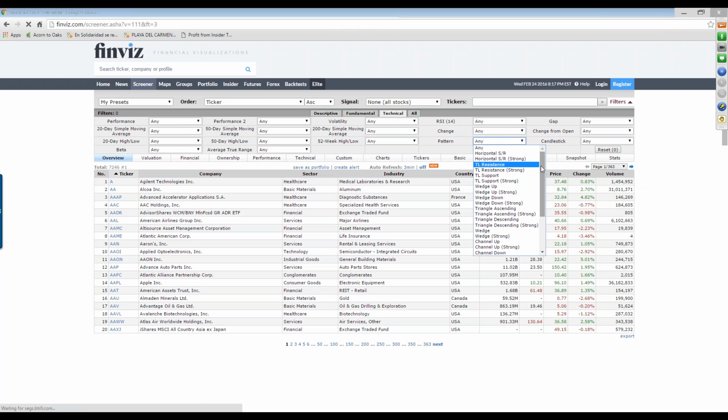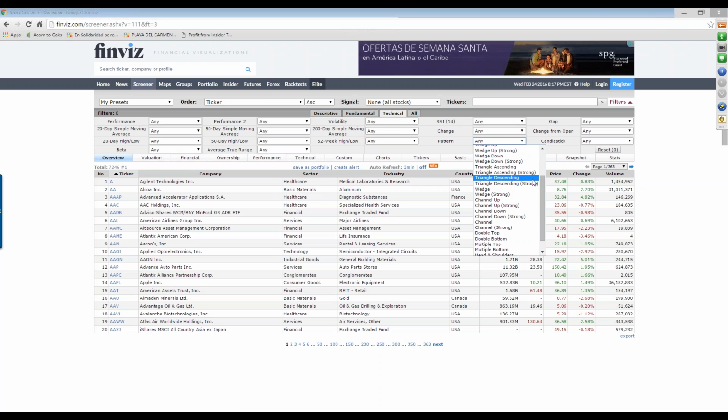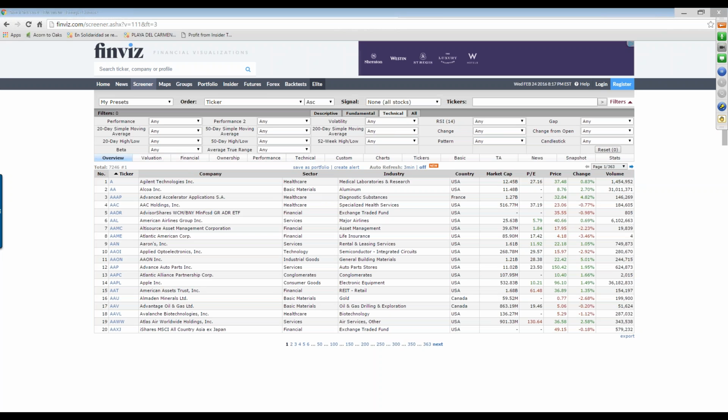So you can search for head and shoulders, up channels, which are a bearish pattern because you're looking for them to break downwards, descending triangles, upward wedges. There's a lot of things you can do here that will help you start scanning for patterns.